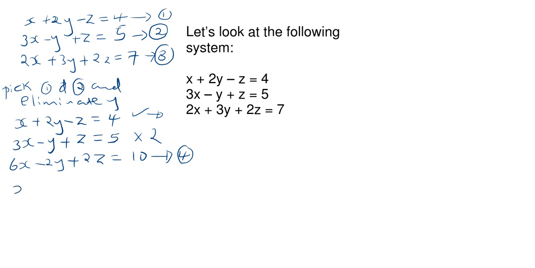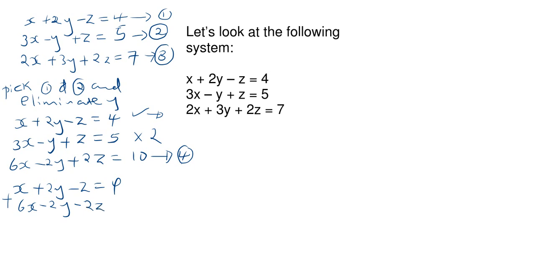So for our case, we shall have x plus 2y minus z is equals to 4. This one we add 6x minus 2y plus 2z is equals to 10. Let me confirm, yes, it is 2z.